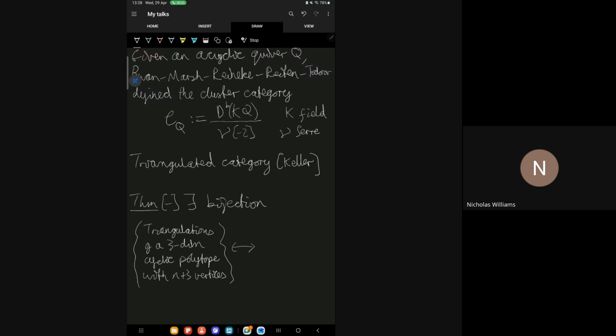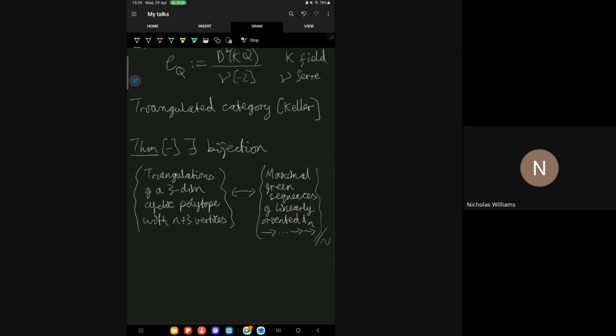and the algebraic objects on the other side of the bijection are these so-called maximal green sequences. So I'll define these later in the talk, of linearly oriented A_n. So yeah, just this quiver up to some natural equivalence relation.